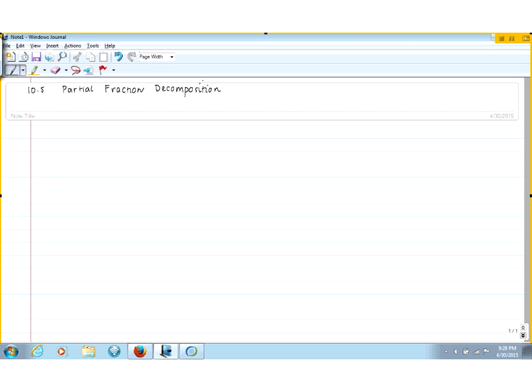So the goal is, later on in calculus class, in Calculus 2, what we will do is, for example, take an integral of 5x minus 1 over x squared plus x minus 12 dx.